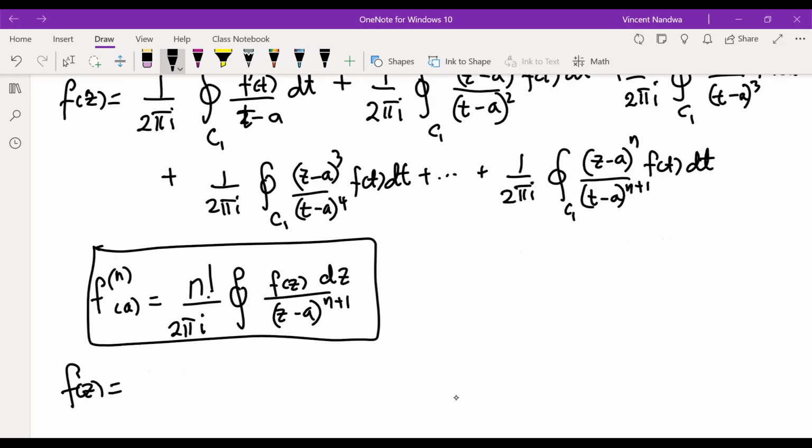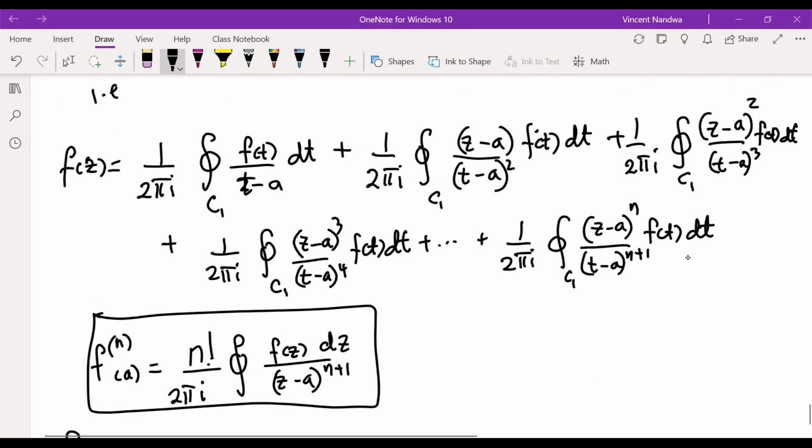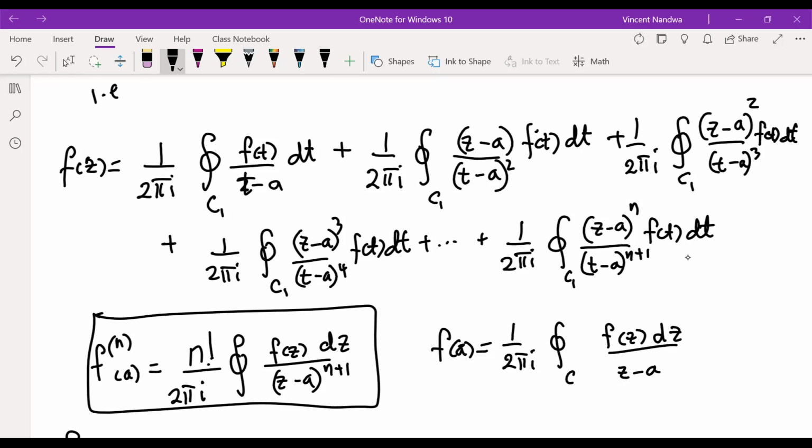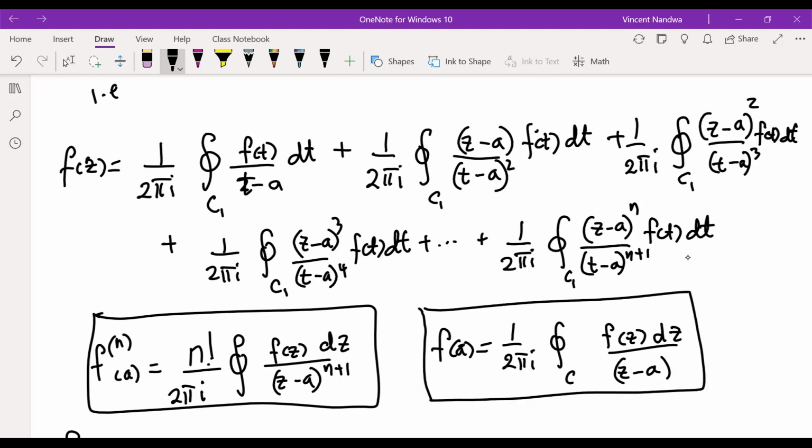So f of z, the first term is the same as f of a. Remember, when you define f of a alone, 0 factorial is 1, so 1 over 2 pi i integral of f of z dz over (z minus a). So when the value of n is 0, the function at a is given by this.